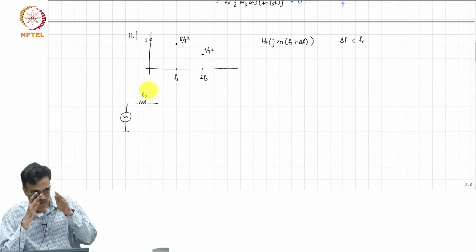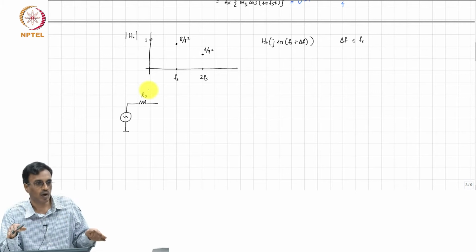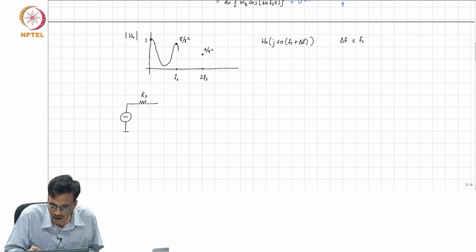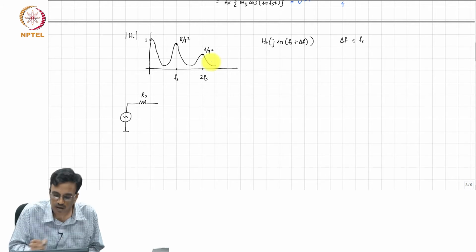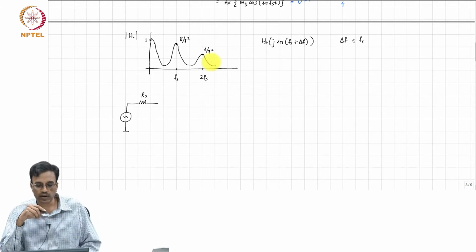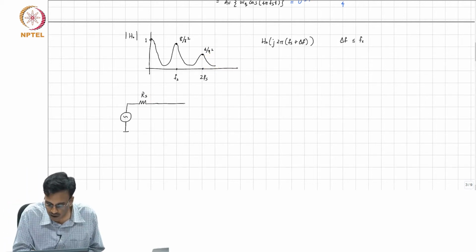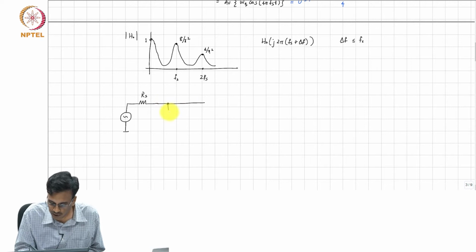So, you should expect the magnitude to fall off, right, if you deviate from Fs. So, basically you should expect behavior something like this. Right, there is some kind of qualitative behavior that you should expect. To be quantitative, of course, we need to do a little bit of analysis.